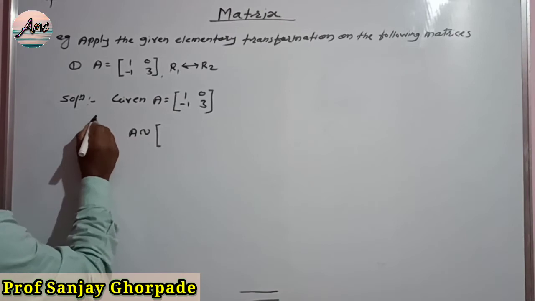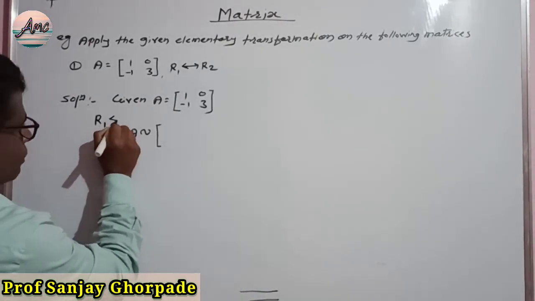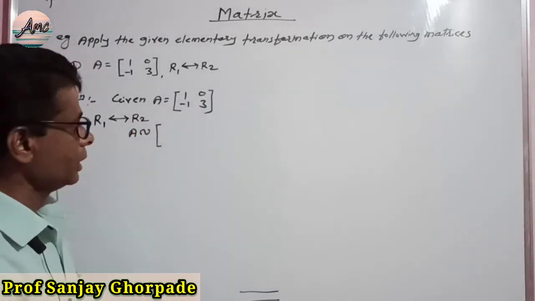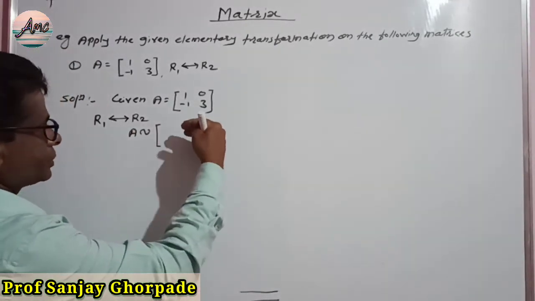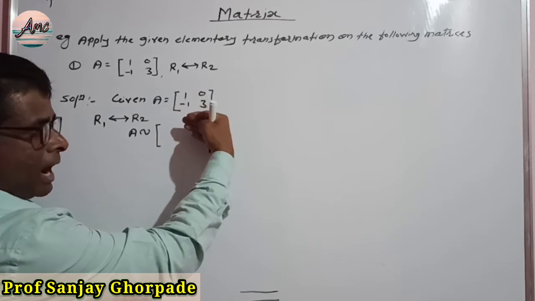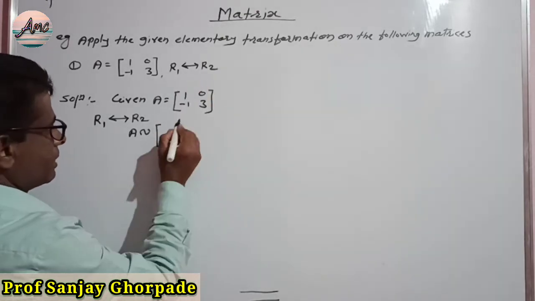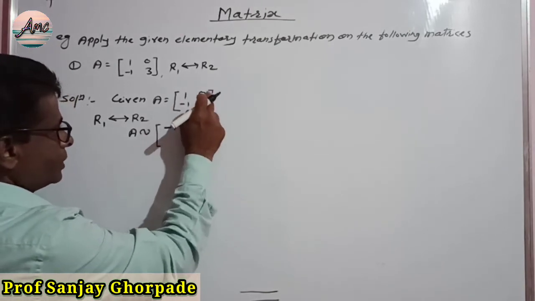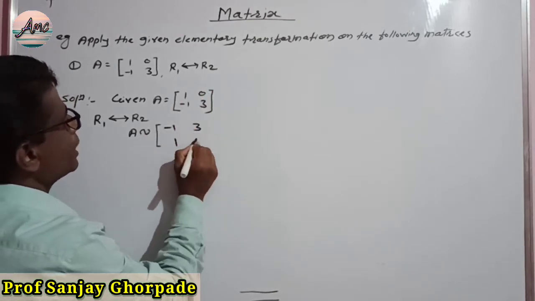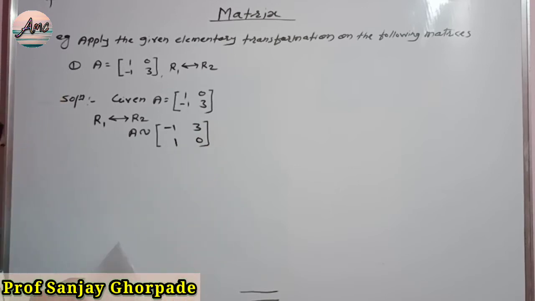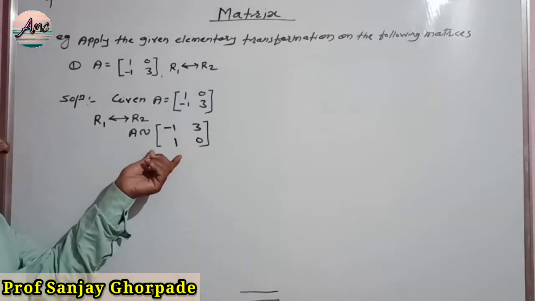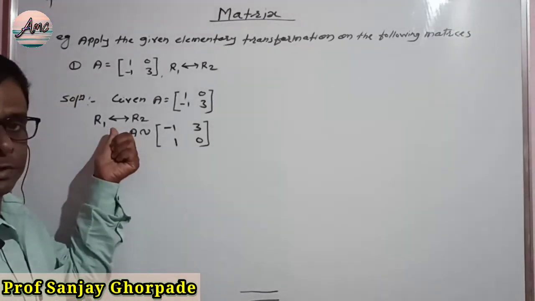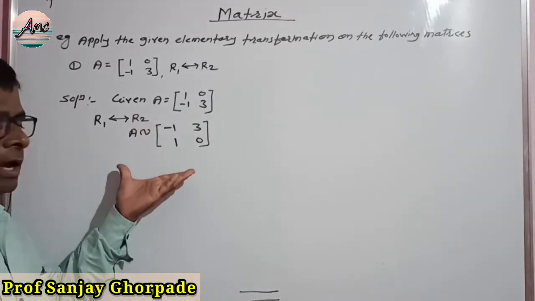We have to perform the row operation R1 interchange R2. That means you have to interchange the elements of the first row and the second row. The second row becomes the first row, say minus 1, 3, and the first row becomes the second row, 1, 0. So this is the new matrix which is obtained by performing the row operation R1 interchange R2.